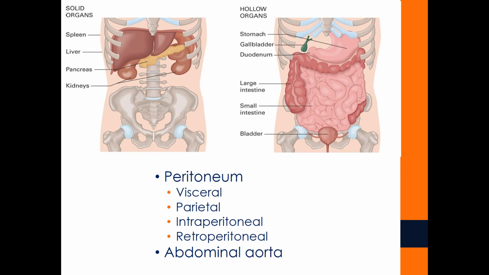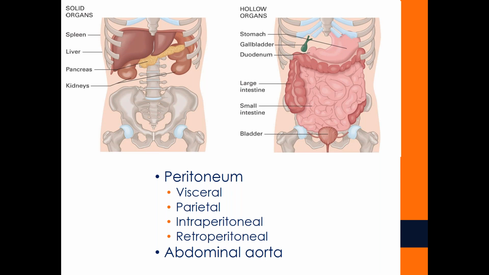These hollow organs on the right side of the picture, most of those are going to be organs of digestion and excretion. These are the things that are breaking down all the food that we take in, turning it into energy, turning it into nutrients, and then further on down the line, turning it into waste products. These hollow organs, their job is to house nasty bits, right?